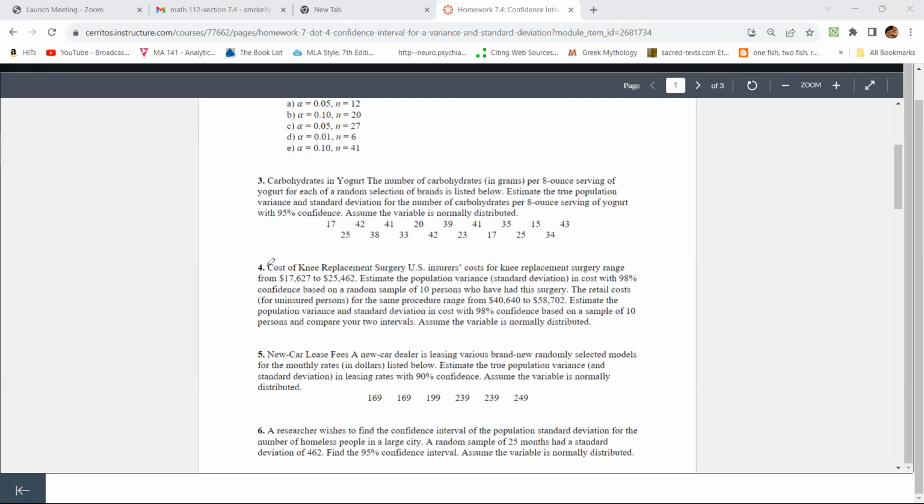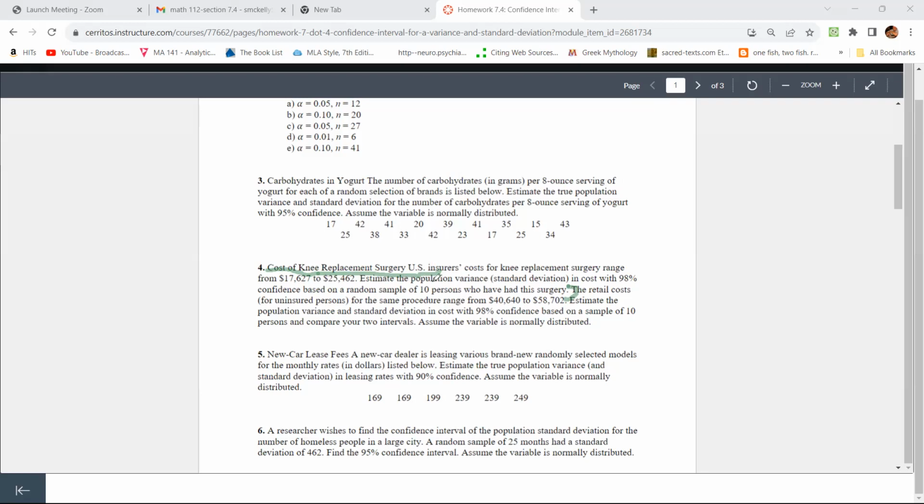From here where it says the cost of knee replacement surgery, US insurers, all the way into this period, that's actually 2 questions, okay? Because it's asking you to estimate the population variance. So you're going to get the confidence interval for the variance. Then you're going to get the confidence interval for the standard deviation for the US insurers, okay?